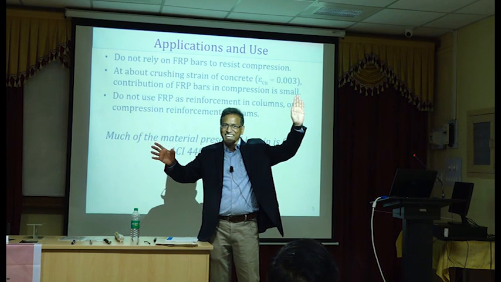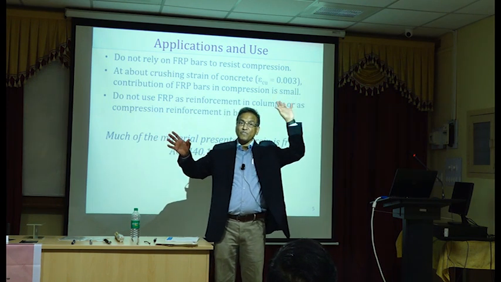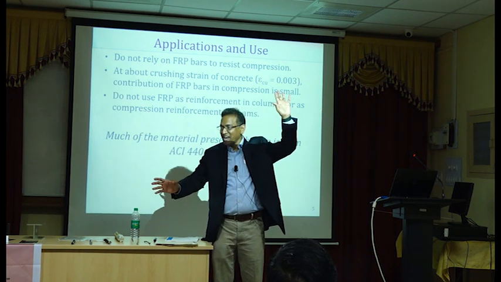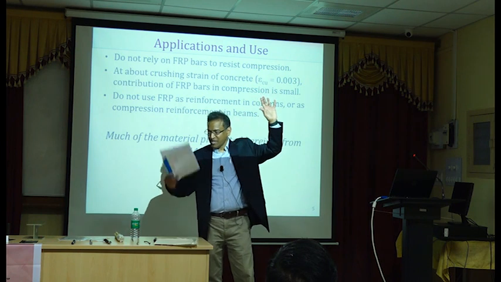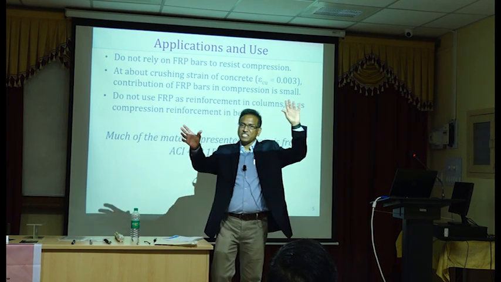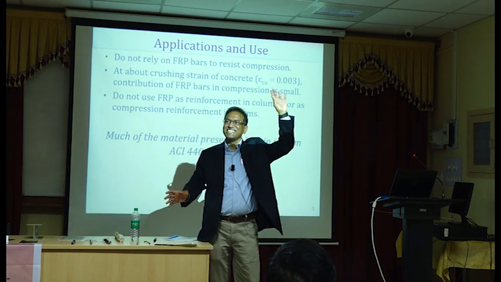Is that correct? Yes. Thank you for confirming. So cube strength of 25 will give you cylinder strength of 20, right? All these provisions in ACI, if you are planning to use this, you have to make that distinction, because they are all based on cylinder strengths.